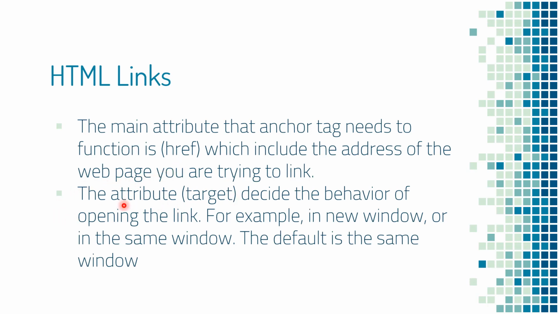Another optional attribute is target, which decides the behavior of opening the link. So if you have a link and you want to open it in a new tab, for example, then you may use target to apply this behavior. The default behavior is that the link will open in the same web page or in the same window.